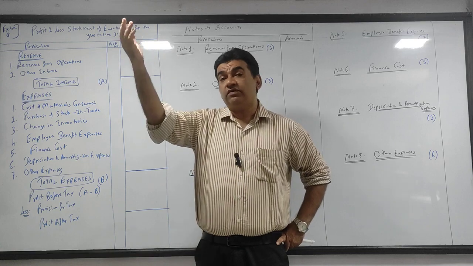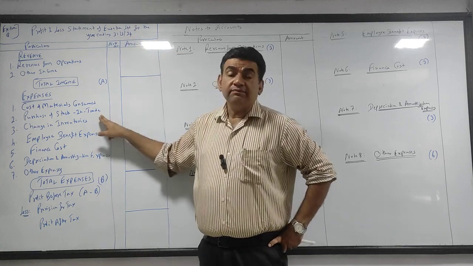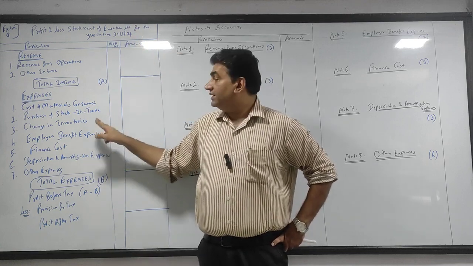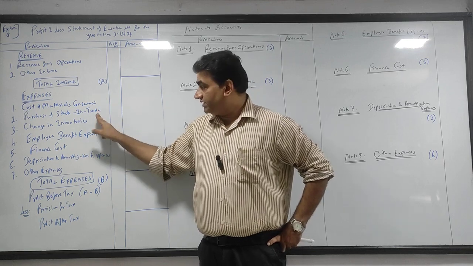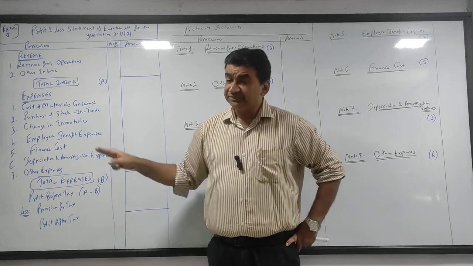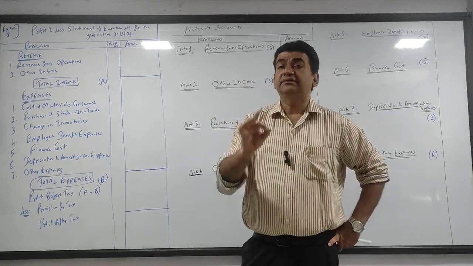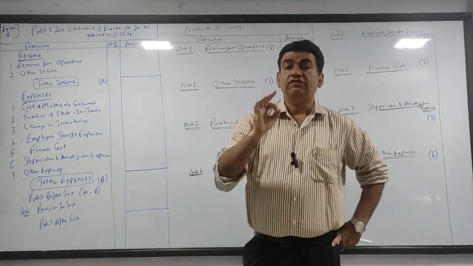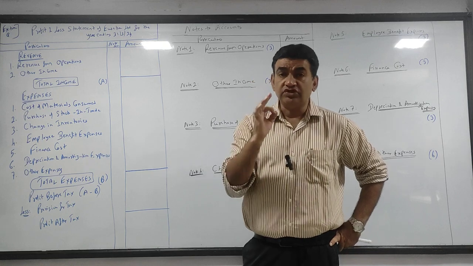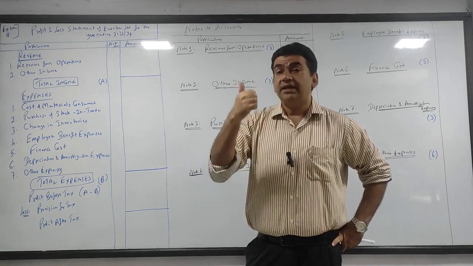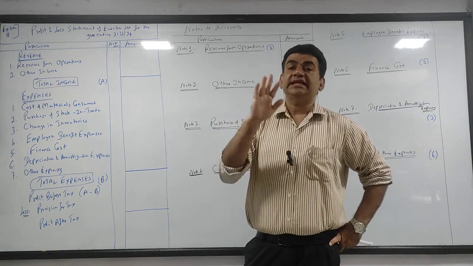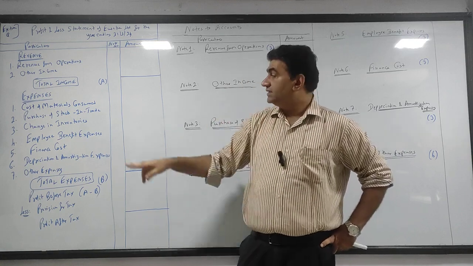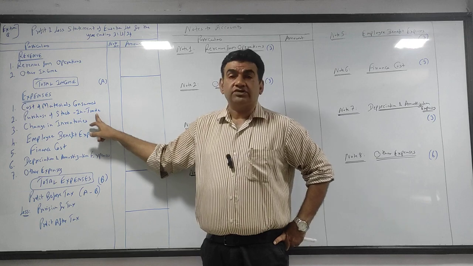In case you buy goods from a foreign country, then the import or custom duty that you pay will be added to the cost of purchases. So purchase of stock in trade will be nothing but cost of goods purchased. That means basic cost of purchase plus any expenses incurred at the time of purchase. That total will be my purchase of stock in trade.